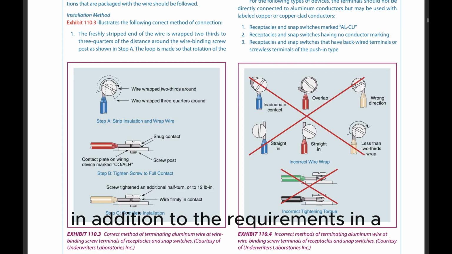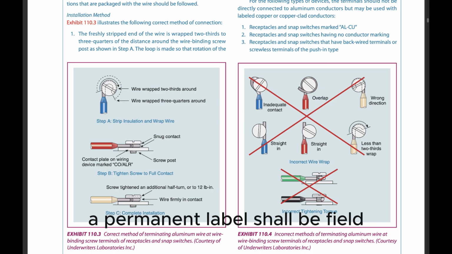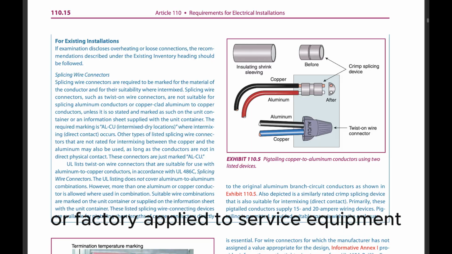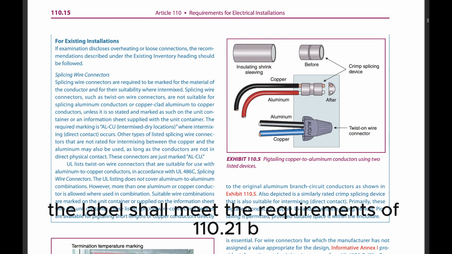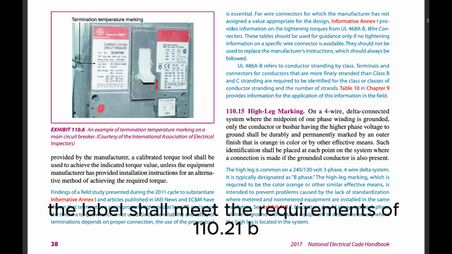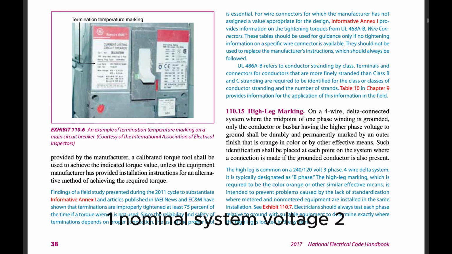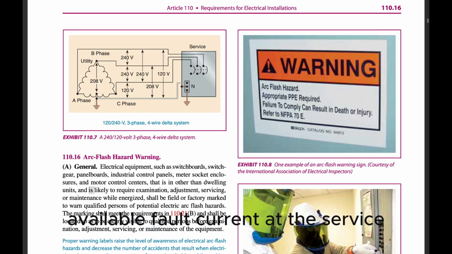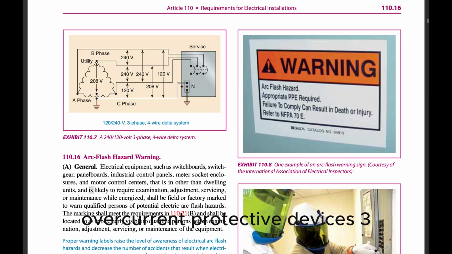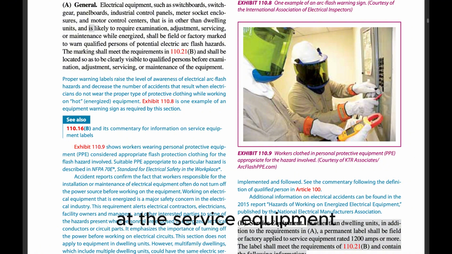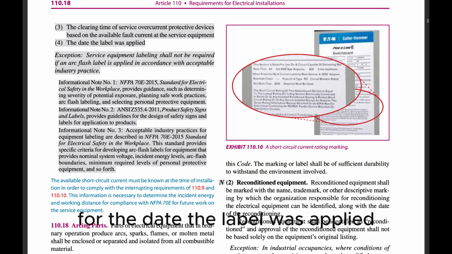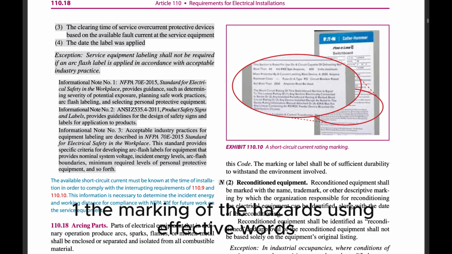In addition to the requirements in (A), a permanent label shall be field or factory applied to service equipment rated 1200 amps or more. The label shall meet the requirements of 110.21(B)(1) and contain the following information. (1) Nominal system voltage. (2) Available fault current at the service overcurrent protective devices. (3) The clearing time of service overcurrent protective devices based on the available fault current at the service equipment. (4) The date the label was applied. (1) The marking of the hazards using effective words.